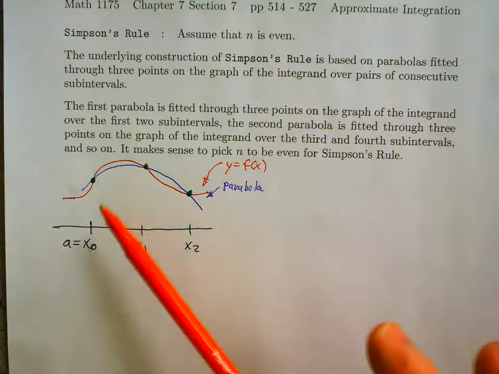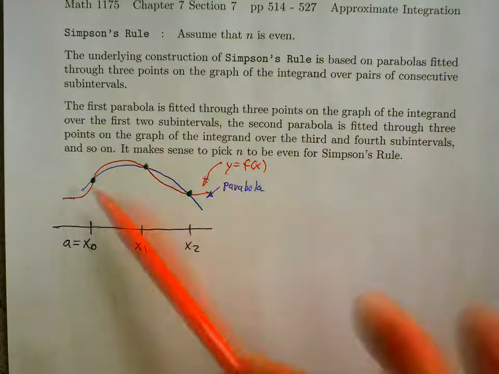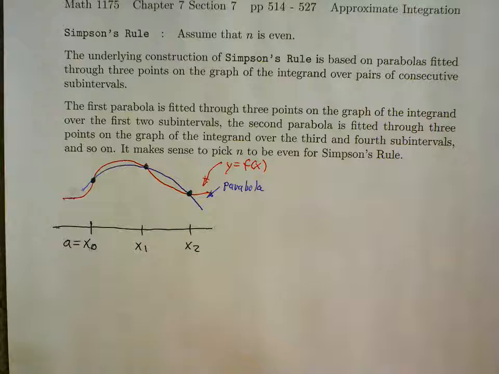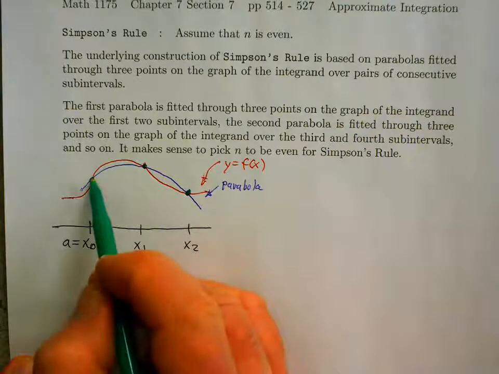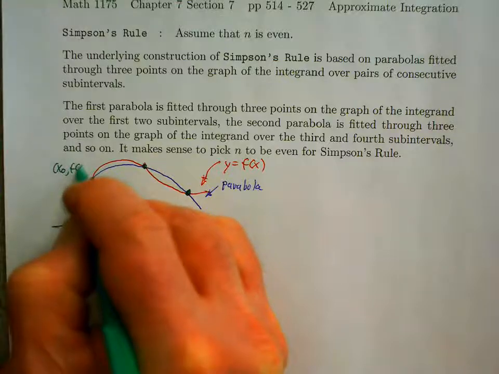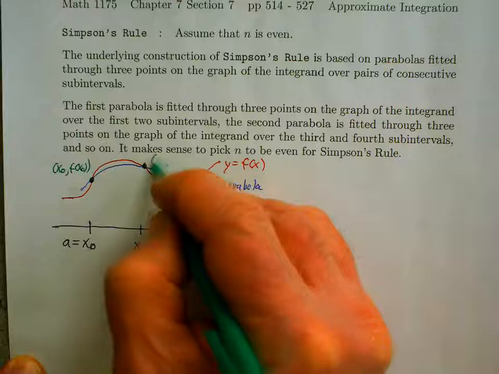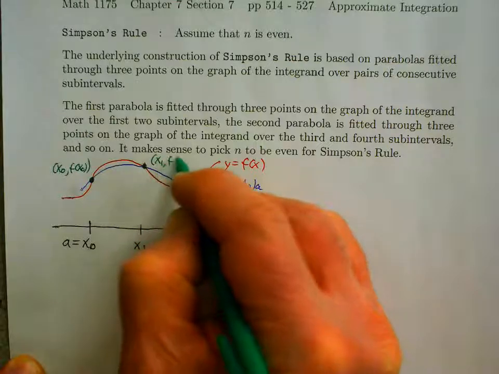And then we fit a parabola through those points. So the ordered pair for this one is x sub 0, f of x sub 0. For this one, the ordered pair is x sub 1, f of x sub 1.